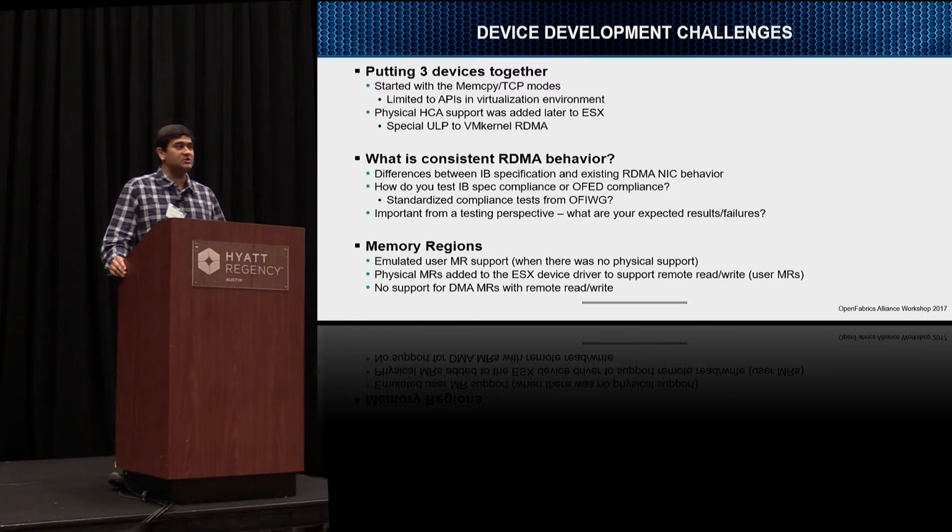Unfortunately, for DMA MRs, we don't have RDMA read-write support. The reason is it's just harder to know what translations you need ahead of time, given that there are no DMA mappings passed down from the guest to the hypervisor. The only time you would know that an application wants to perform an RDMA read or write is when it does a post send on the work request.